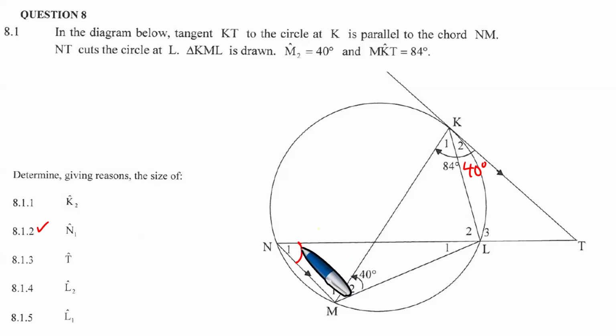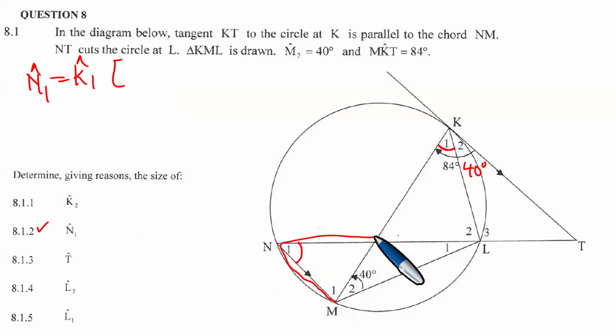But first things first, you can see that N1 is equal to this angle here. So the angle N1 is equal to the angle K1. This is true because they form a butterfly, a bow tie.